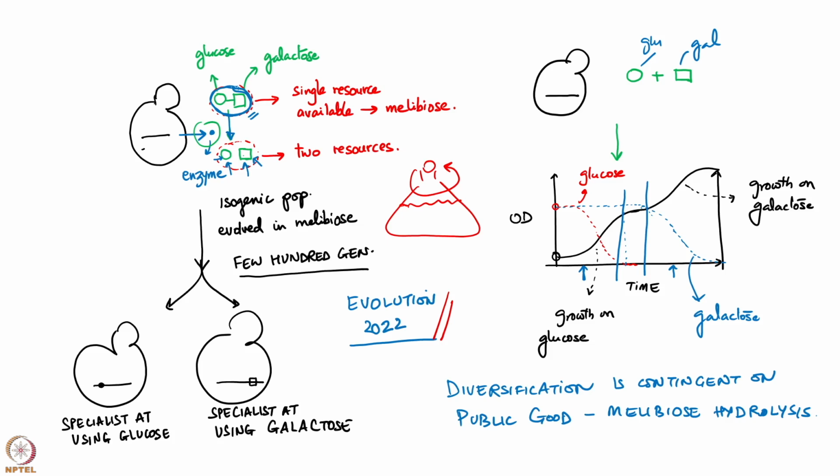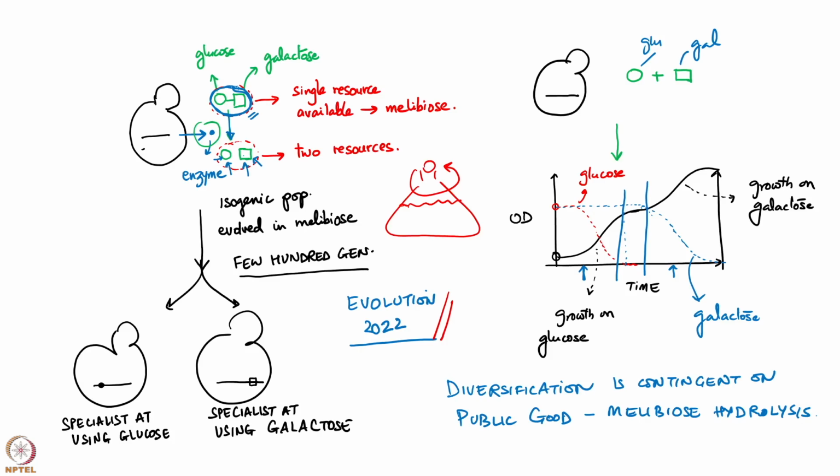So, these are some examples of diversification that we can see happen, whether in static environment or in cultures which are shaking, but then we need to move to these special systems where public good driven dynamics dictates what is going to happen in a population.